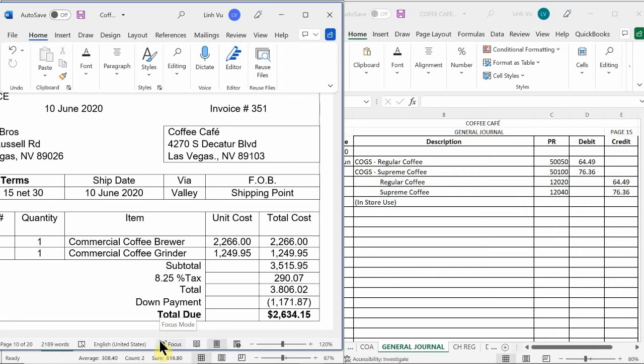We're writing a check, but what else? How do I make a payment?